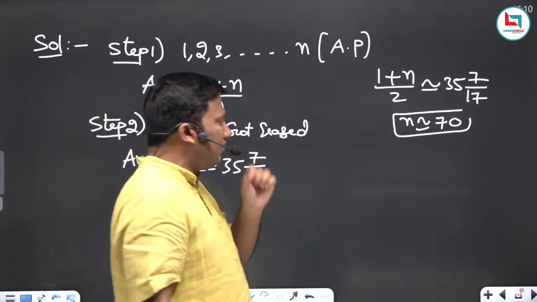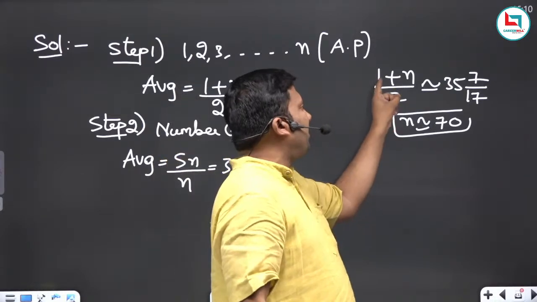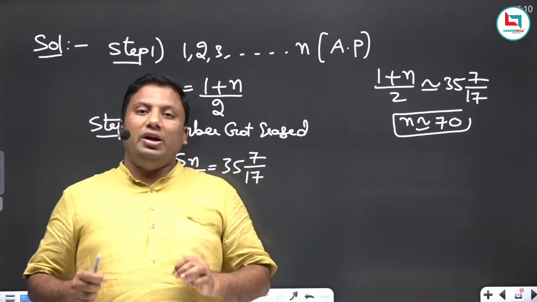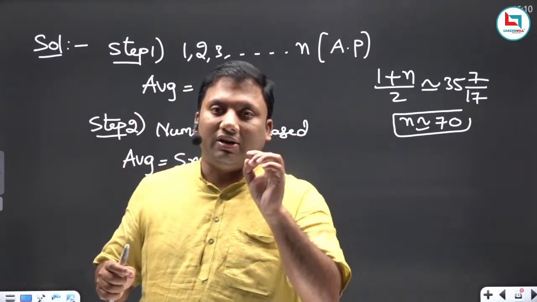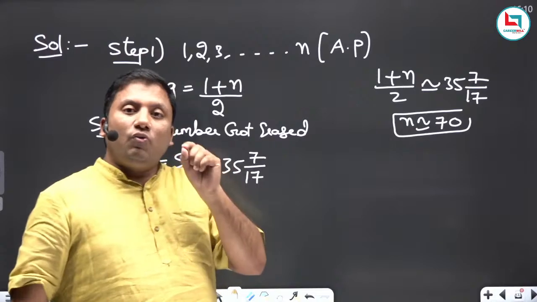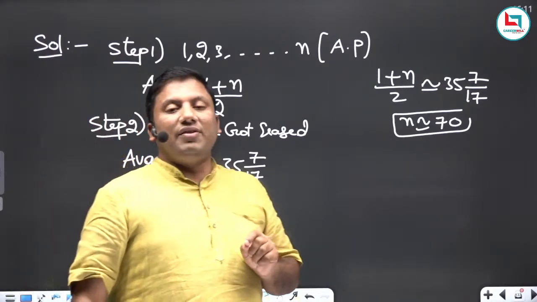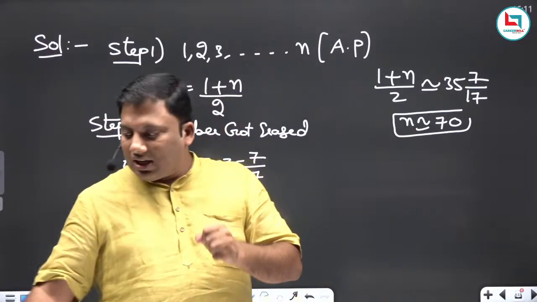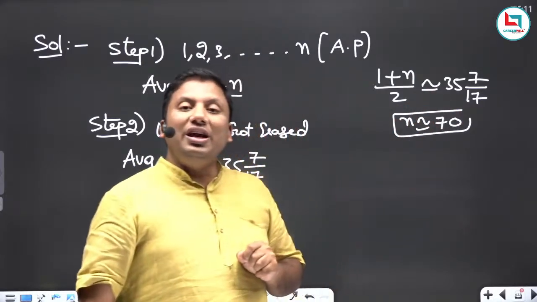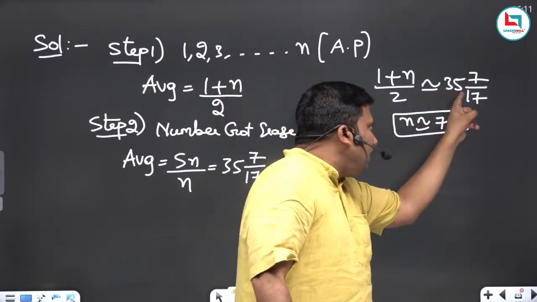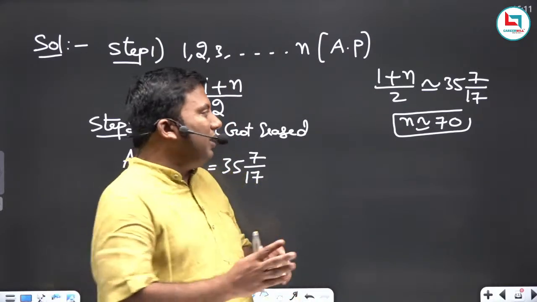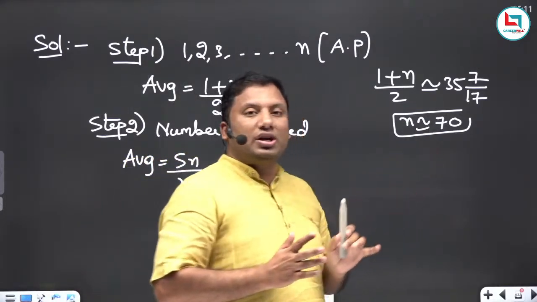Assume it is 70. 1 plus 70 is 71, and 71 by 2 is 35.5. The erased average is 35.4. Is 35.4 closer to 35.5? Yes. That means n will be closer to 70.